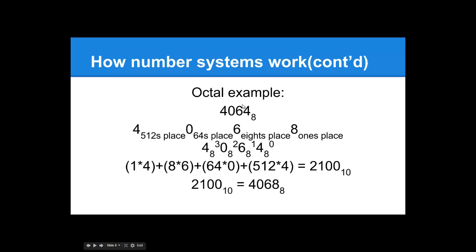Okay, and then 8 to the power of 1, that gives us the 8th place. 8 to the power of 2, that gives us the 64th place. And 8 to the power of 3, that gives us the 512th place. Okay, so you notice how the places there are significantly smaller from the base 10 number system, except for the ones place.